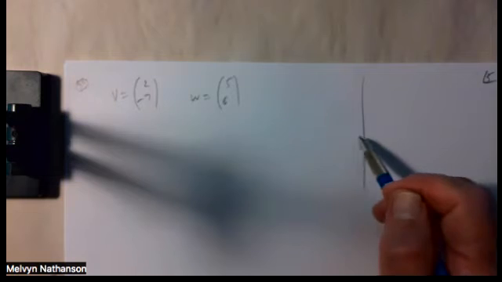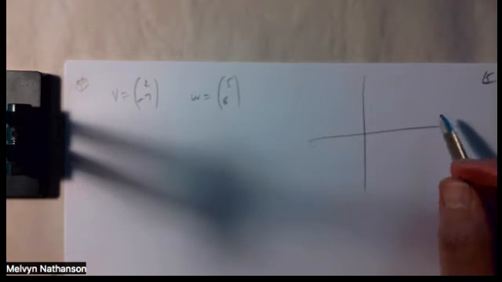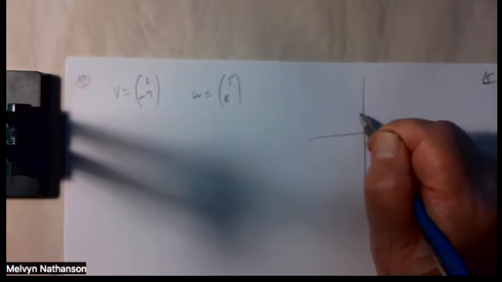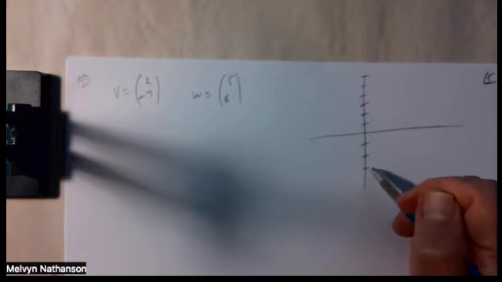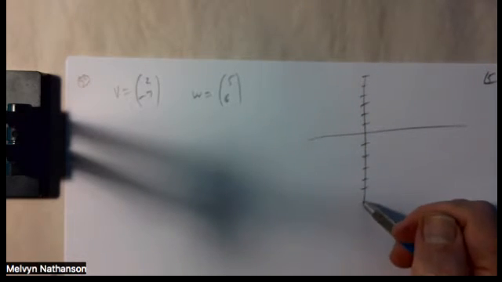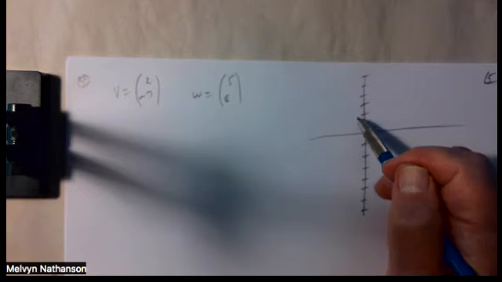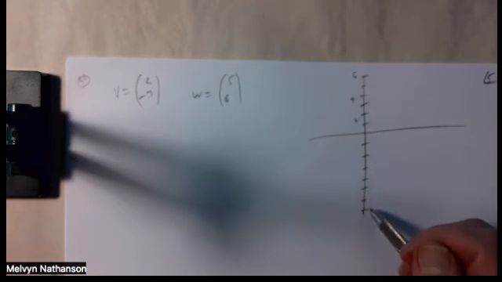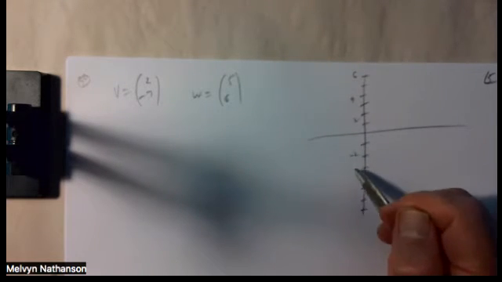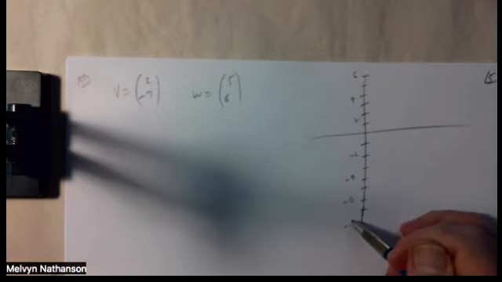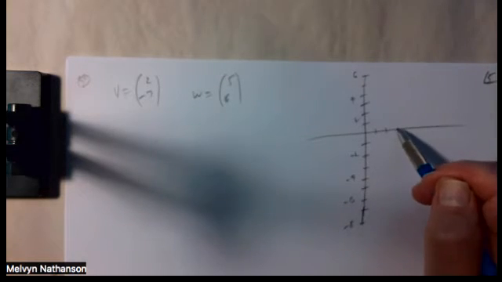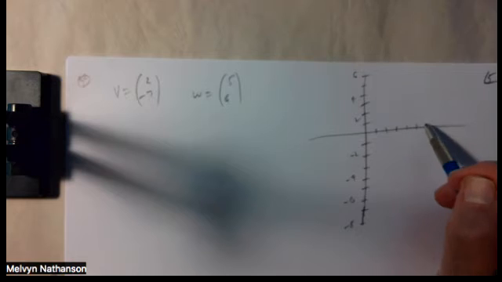So if you wanted to sketch what these vectors look like when you graph them in the plane, so this is 2, 4, 6, minus 2, minus 4, minus 6, minus 8, 2, 4, 6.